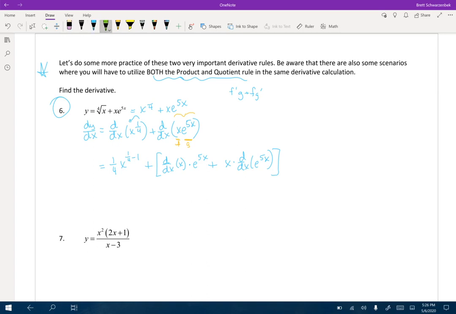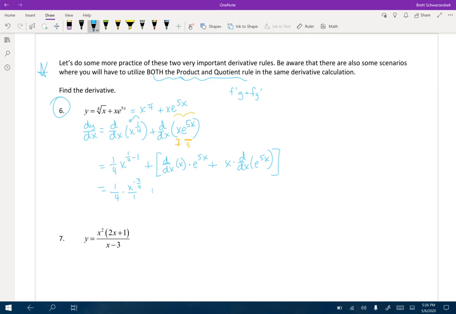So notice that we have some simplifying to do, right? Here we have 1/4, and we have x to 1/4 minus 1, which is negative 3/4 in our problem, and technically that's over 1.